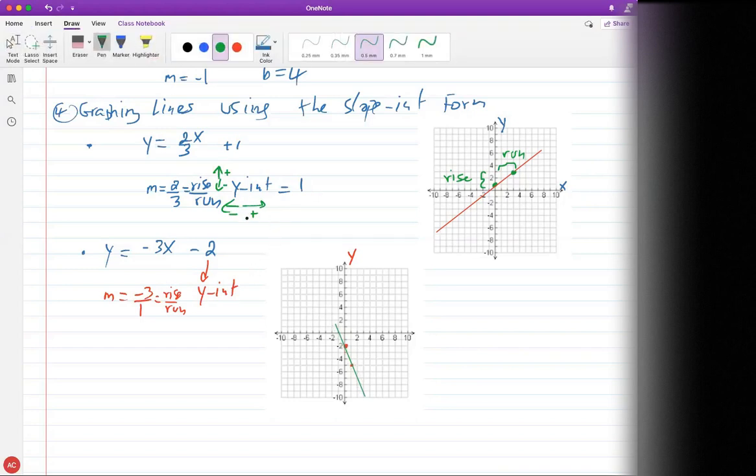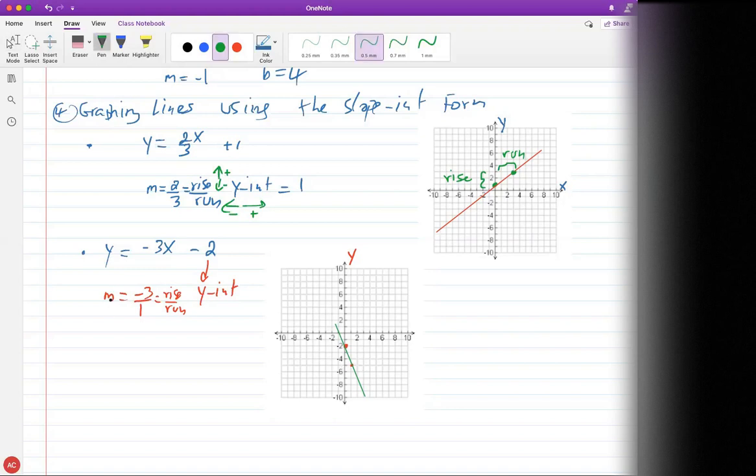And that is basically all about the slope here. As you can see, it's useful. We can determine the sign of the slope immediately just by looking at the line.